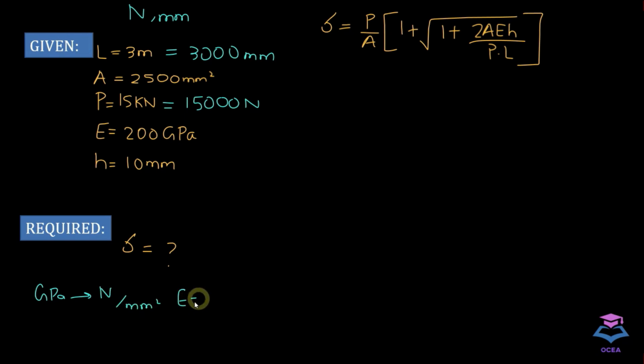We have E equals 200 gigapascal, and we know that gigapascal is equal to 10 raised to the power 9 Pascal, and Pascal on the other hand is equal to Newton per meter square. 1 Pascal is basically equal to 1 Newton per meter square.